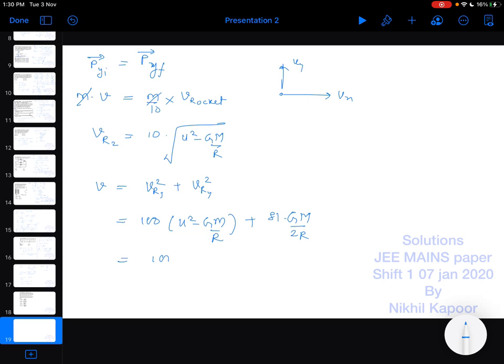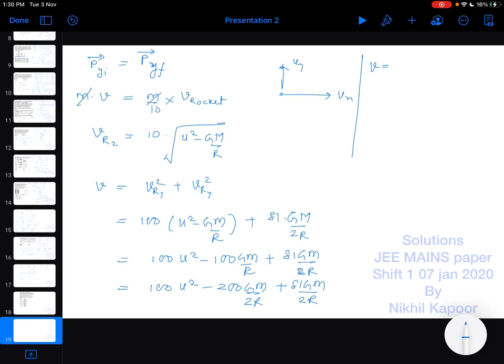So this 100 will go inside, it will be 100 u square minus 100 GM by r plus 81 GM upon 2r. For getting this 2 here, multiply and divide by 2. So it will be 200 GM upon 2r plus 81 GM upon 2r. So the velocity square of the rocket is 100 u square minus, so 200 minus 81.